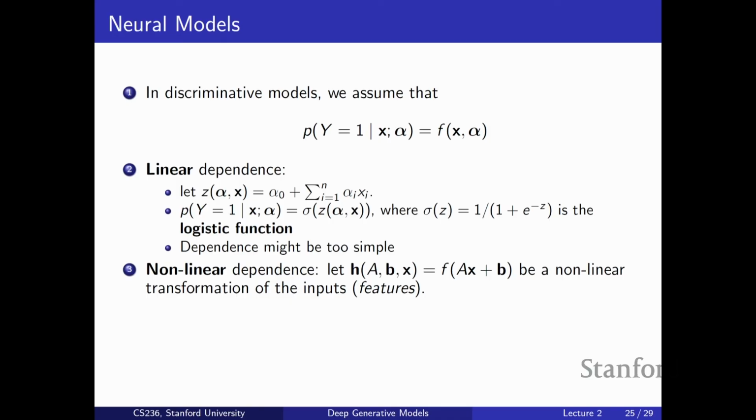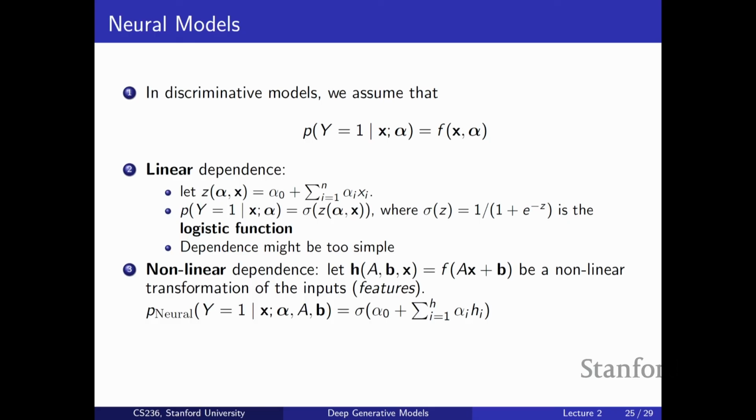Perhaps I'll do it by taking a linear combination of the features and then applying a nonlinear function to each value that I get out of this. And then I'm going to do logistic regression on top of these features.